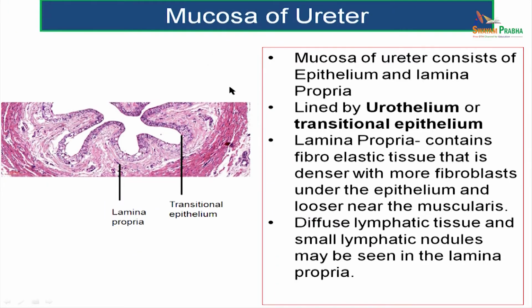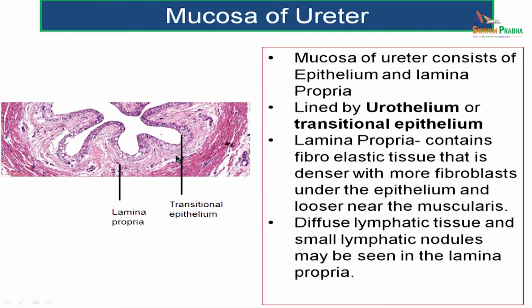First, let us take up mucosa of the ureter. Mucosa consists of epithelium which is transitional epithelium, also called urothelium. Epithelium with lamina propria is the mucosa.